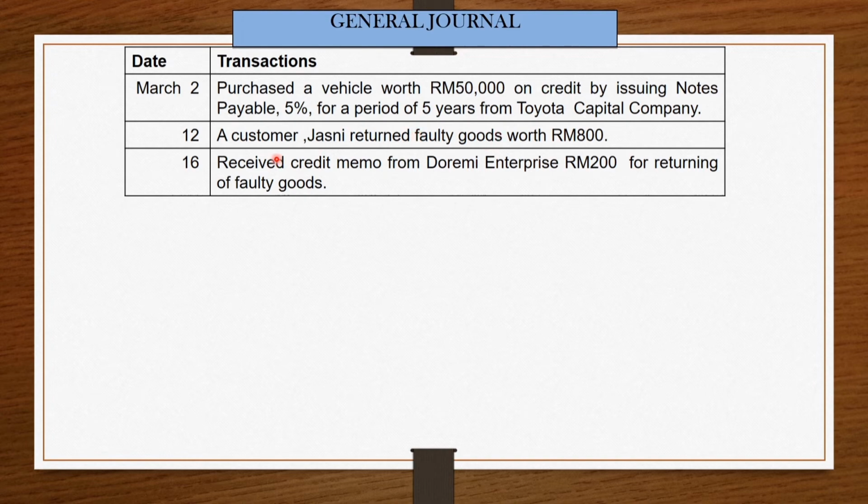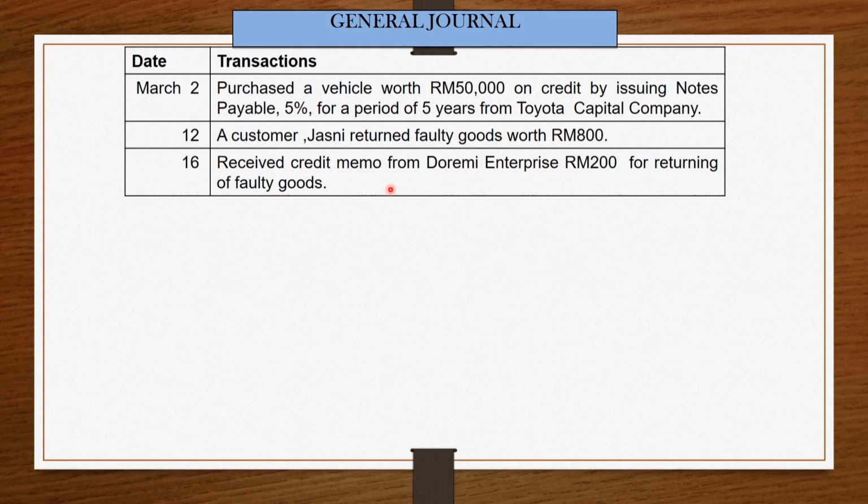12th of March, a customer Jasni returned faulty goods worth Rm 800, and this one also represents the double entry system. And the last one, 16th of March, received credit memo from Doremi Enterprise Rm 200 for returning of faulty goods.